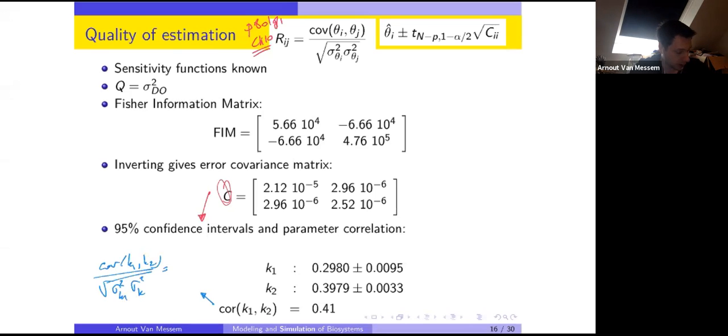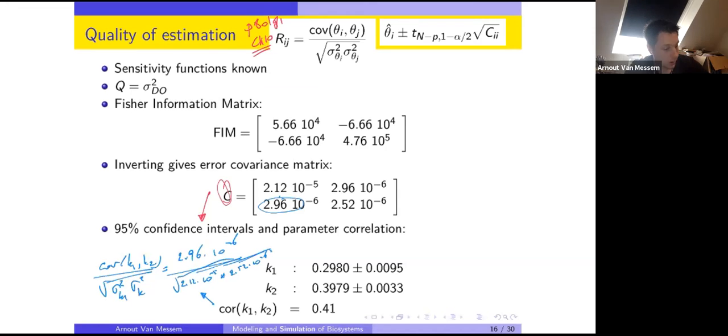The covariance is off diagonal, so it's 2.96 times 10 to the power minus 6. And then the other two are on the diagonal, so it's 2.12 10 to the power minus 5 times 2.52 10 to the power minus 6, and then you take the root of this. This gives you a correlation of 0.41, and I'll also show the calculations specifically later on.